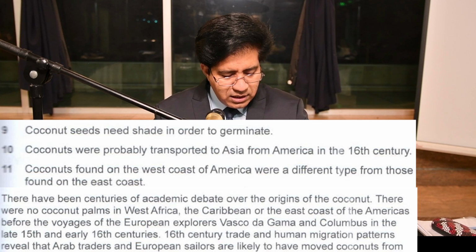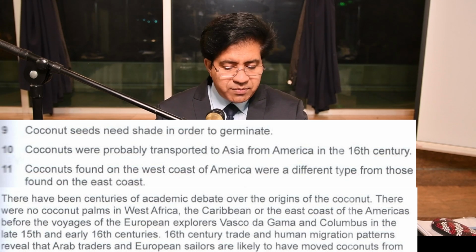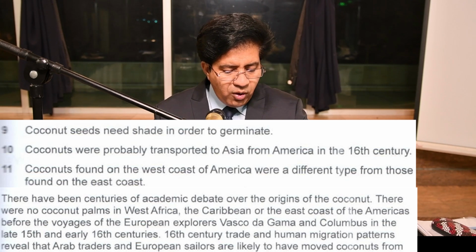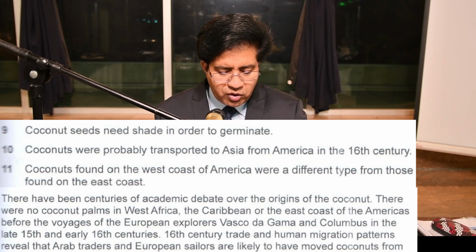Got it? So last paragraph, I'm reading it from the second line. There were no coconut palms in West Africa, the Caribbean or the east coast of the Americas before the voyages of the European explorers Vasco da Gama and Columbus in the late 15th and early 16th century.